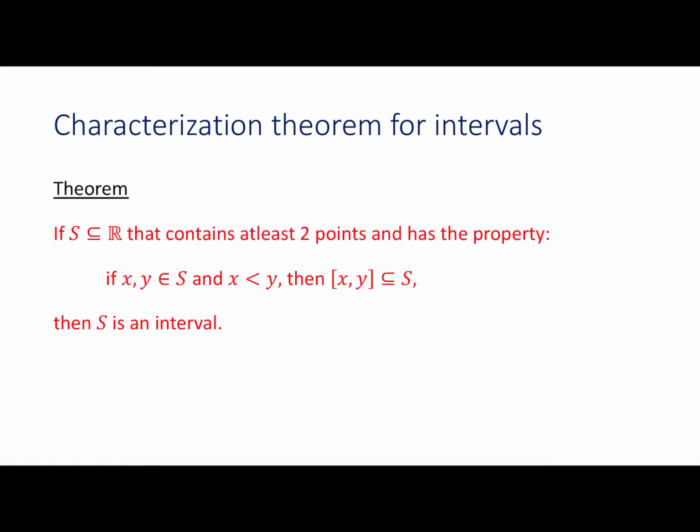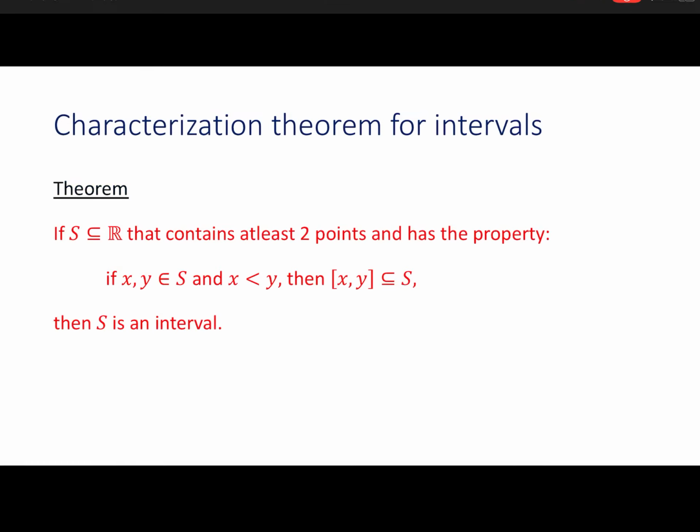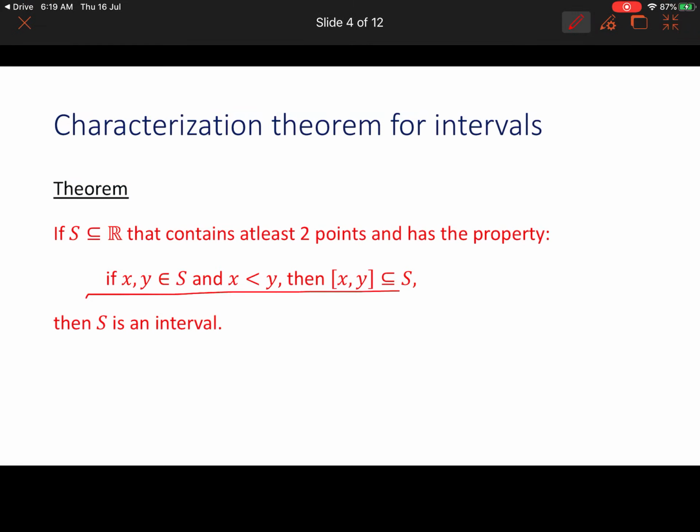So here is a characterization for intervals. Suppose S is a subset of R such that it contains at least 2 points and has the property: if x and y are in S and x less than y, then the closed interval [x, y] is a subset of S. If S has this property, then we say that S is an interval.